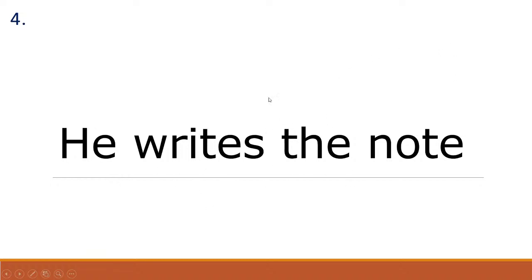So for the note we will write am, is, are, because writes is in the present tense. So the note is, right? Because the note is the singular number. We all know that in singular we write is and am, in plural we write are. But I can only take am, and the rest of the singular number can take the word is, right?